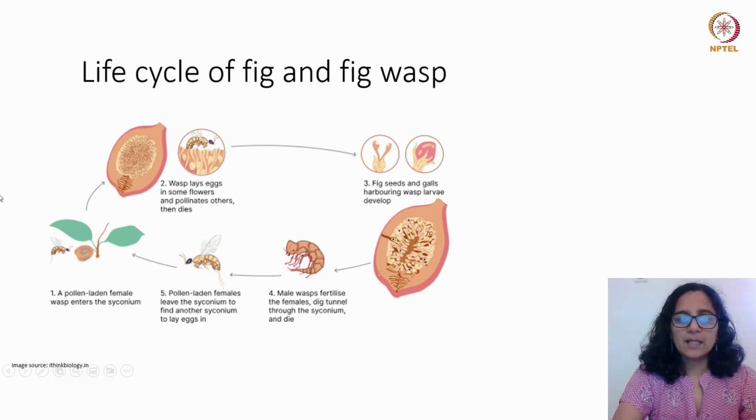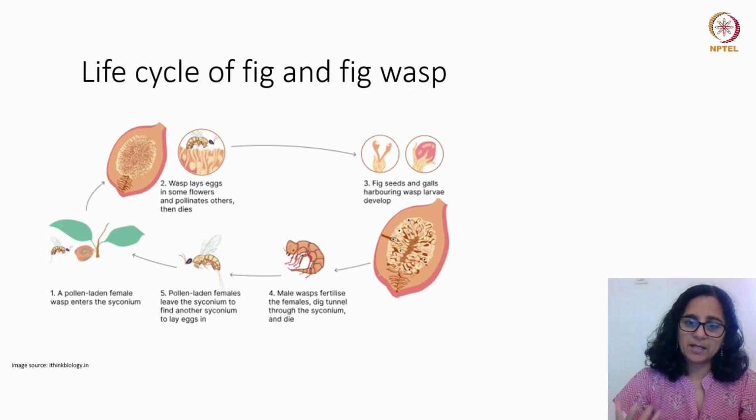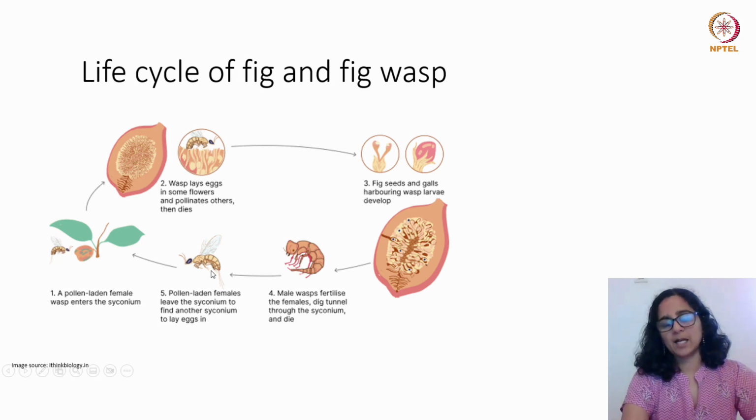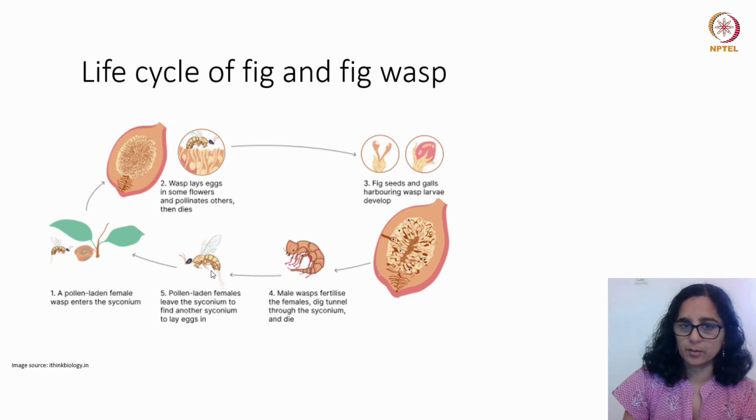So basically, to go over it again, a female wasp enters a syconium, and it lays eggs in some and pollinates another. And basically, both fig seeds and gall flowers are simultaneously being produced. And then once the wasp is mated, the female basically gets out of the syconium, right?